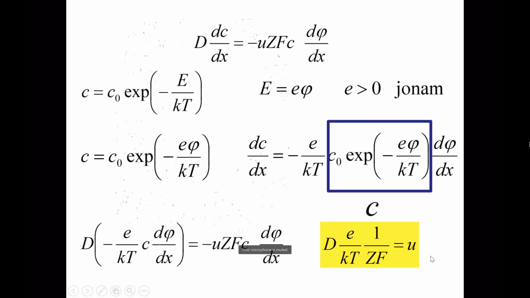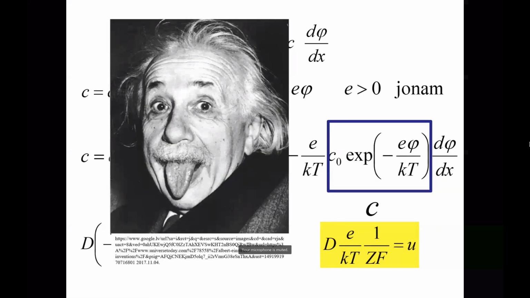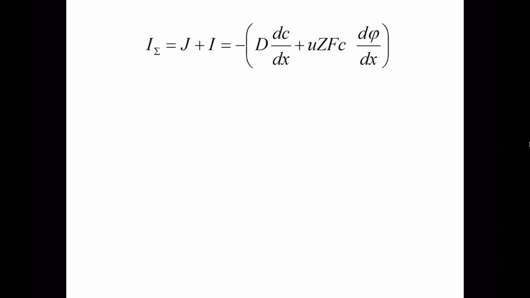So this is the final formula that was achieved by Einstein. He worked on both relativity theory and a lot of different things, and one of the things is the connection of the diffusion with the mobility in the electrical field.